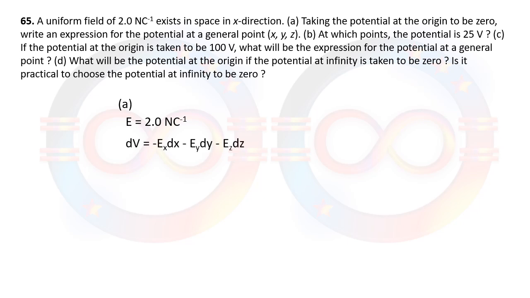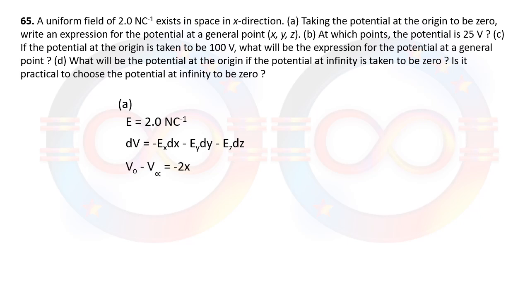So we know that dV is equal to minus E dot dr. So dV is equal to, for x we can write minus Ex dx, minus Ey dy for y, and for z obviously it will be minus Ez dz. But the electric field is given along the x-axis only.